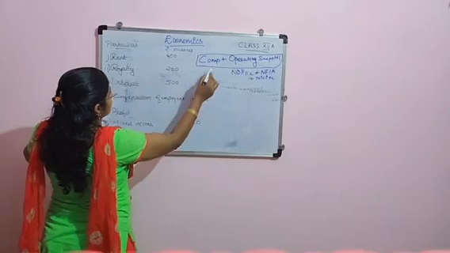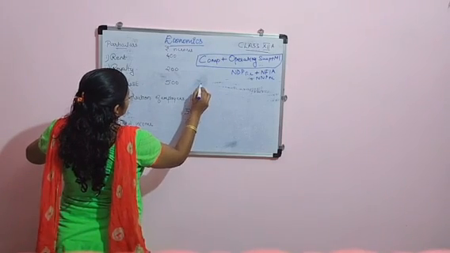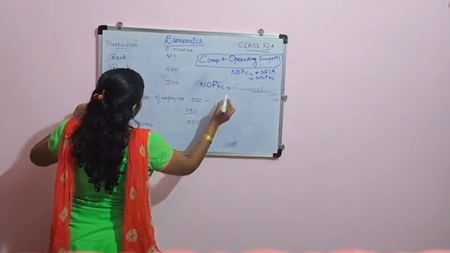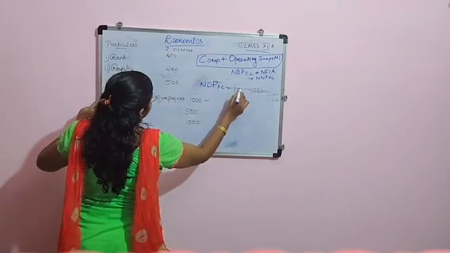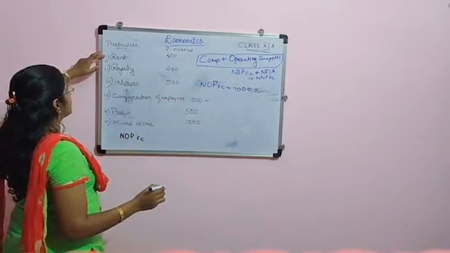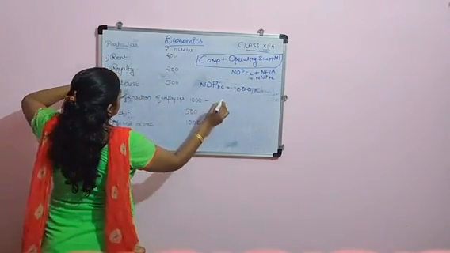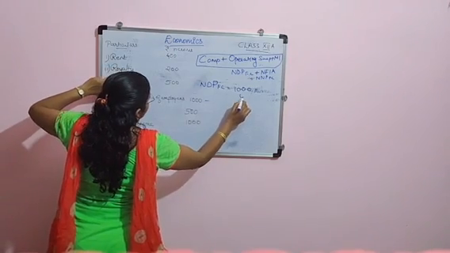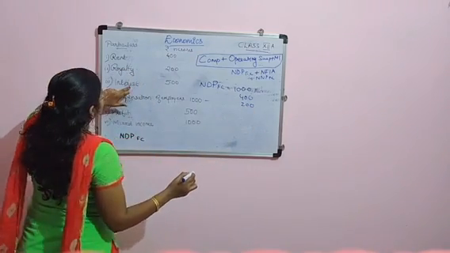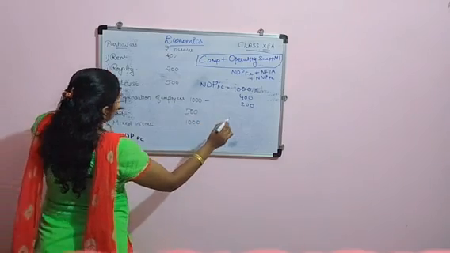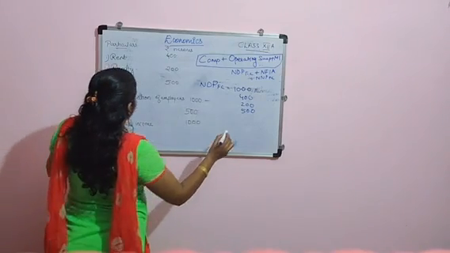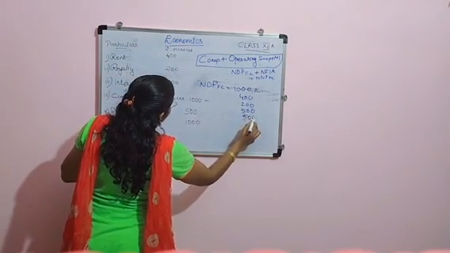So here we will add the compensation of employees. NDPFC is equal to compensation of employees, which is 1000. Then operating surplus, with the subdivisions rent, which is 400, royalty, which is 200, interest, which is 500, and profit, which is again 500.